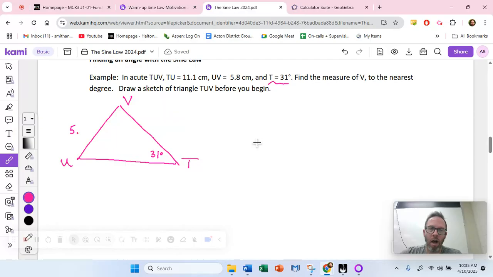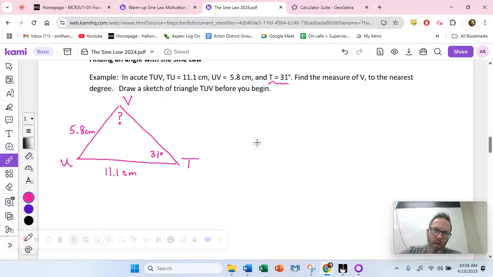See, everything just comes from making a decision. Good life lesson. Just make a choice and move forward with it. What else do we have? TU is 11.1 centimeters.